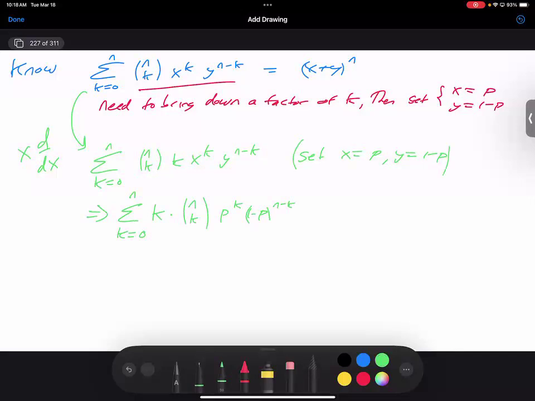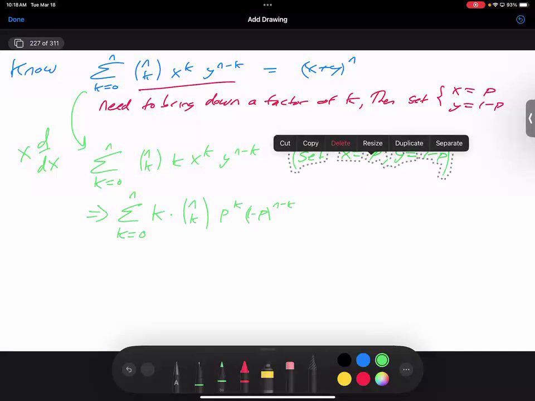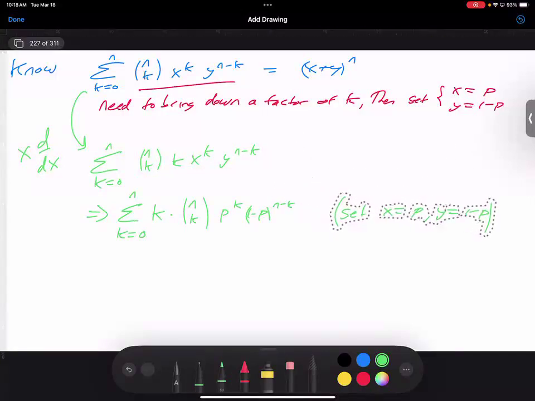Now, we only did half the problem. What's the derivative of x plus y to the n? When we take the derivative with respect to x, that's just going to be n times x plus y to the n minus 1, and then we multiply it by x.